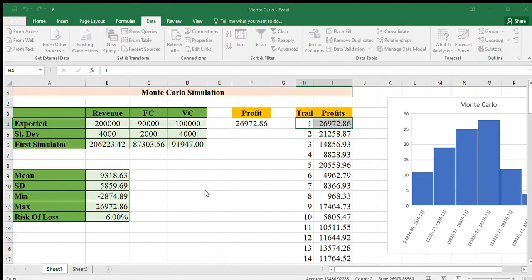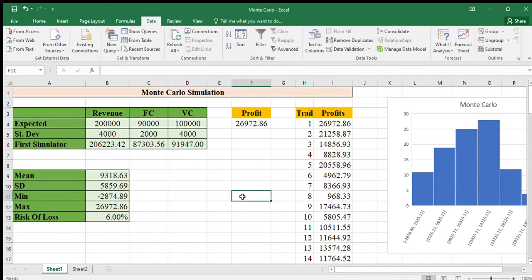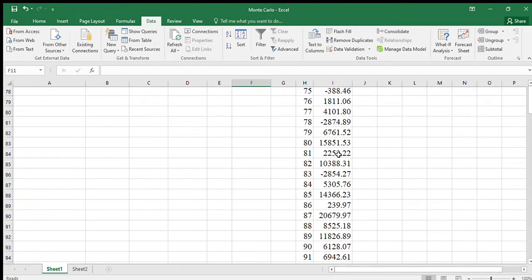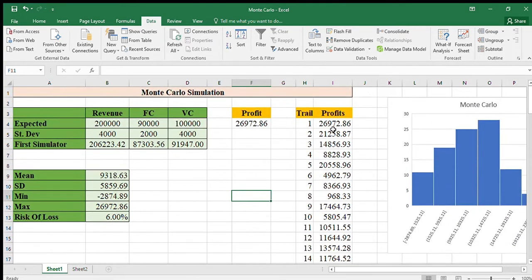For the column input cell, choose any random empty cell, so that Excel performs the calculations on that. Then okay, I'm not clicking okay because I've already done it. That is how we get these 100 random iterations.